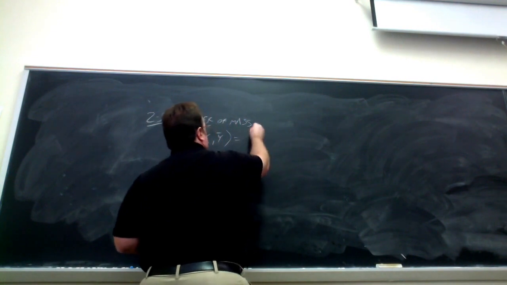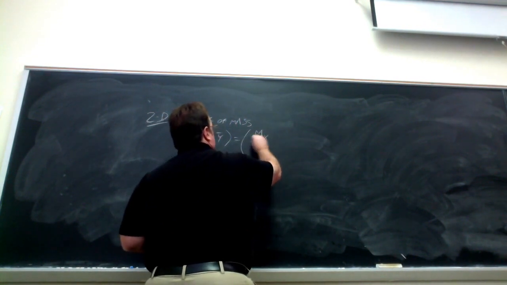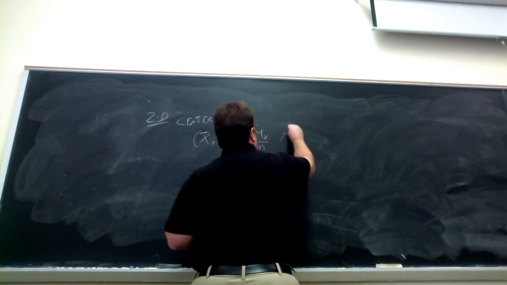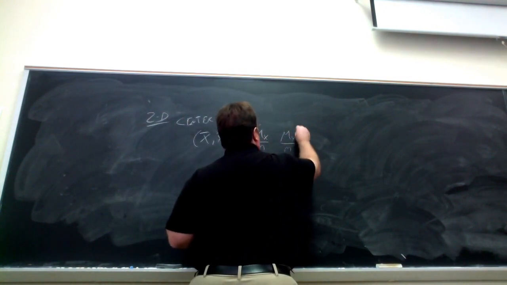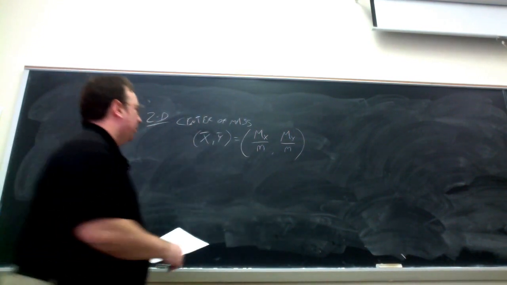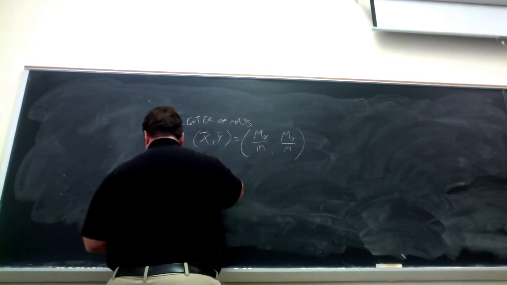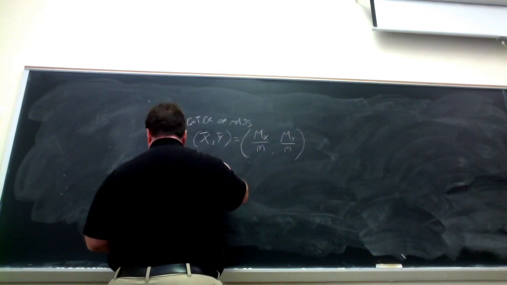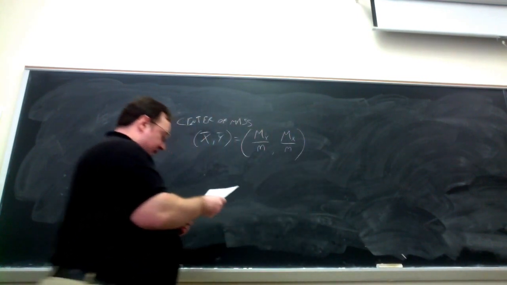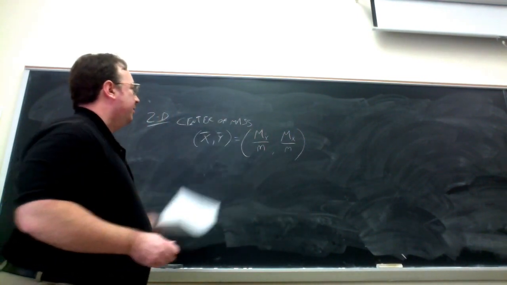A formula for these are just m_x over m and m_y over m, where m is the mass from before. Sorry, I have these backwards. I have to have the opposite variables here.